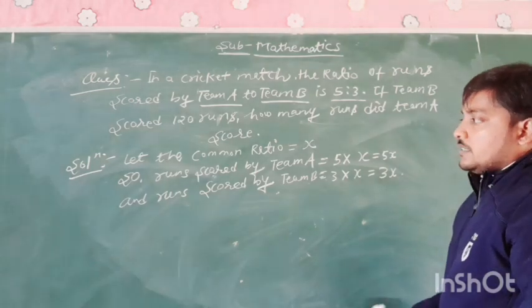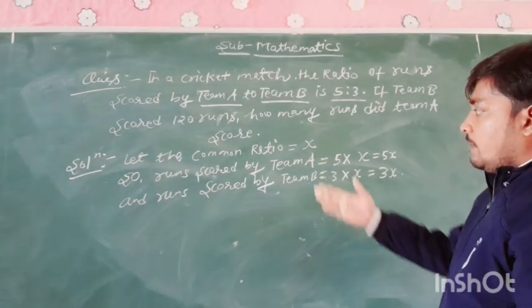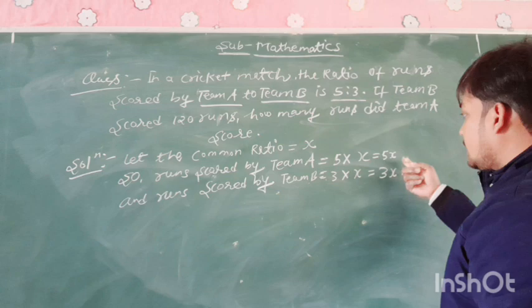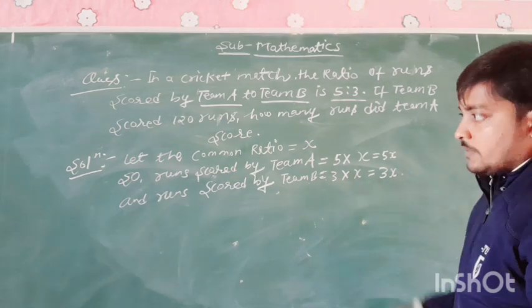So here the runs scored by team A and team B are 5x and 3x.